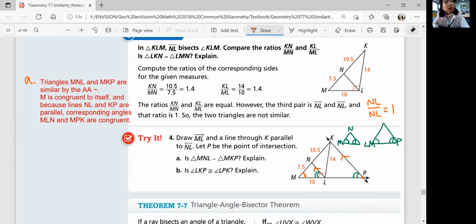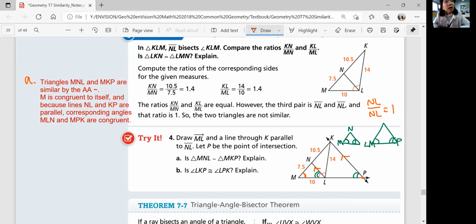Are these congruent? How can you tell? Well, use the information from part A.